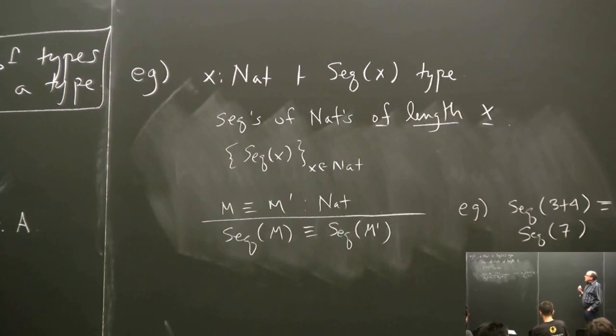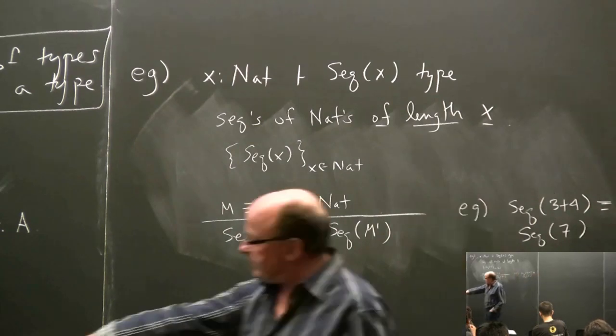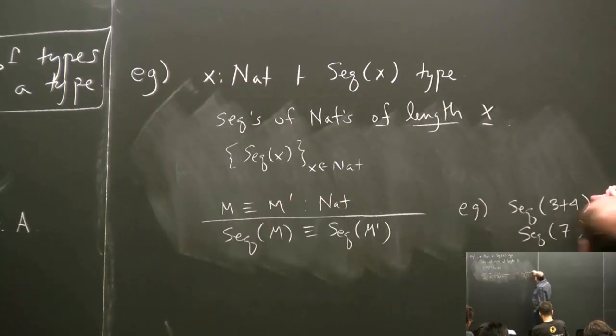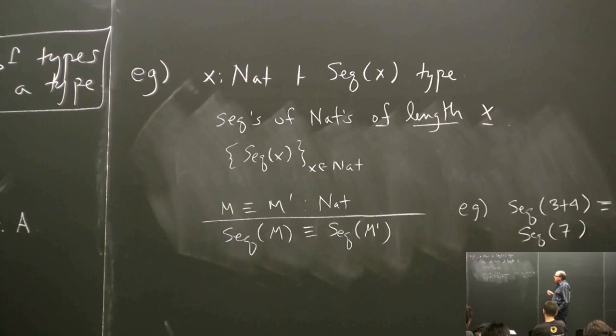And then the idea is that if we have this definitional equivalence, because of this rule that we have here, these types you might as well consider identical, because they classify the same things. So that's the importance there.